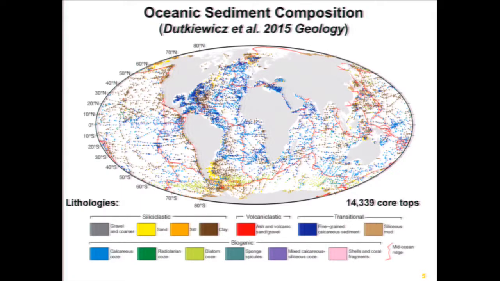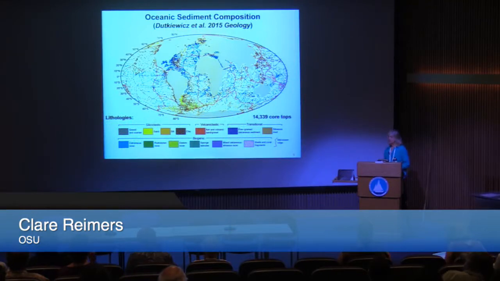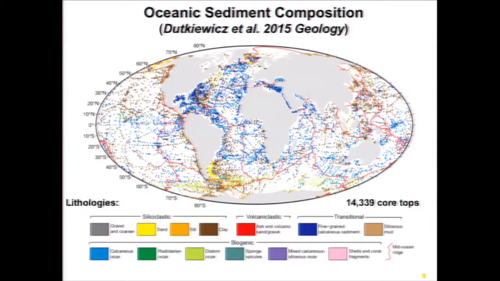Now, again, I mentioned most of what we know about seafloor biogeochemistry has come from collecting sediment cores and having archives of these cores. And this is a figure from a nice paper that was published in Geology in 2015, showing the lithologies of surface sediments globally based on over 14,000 core samples.